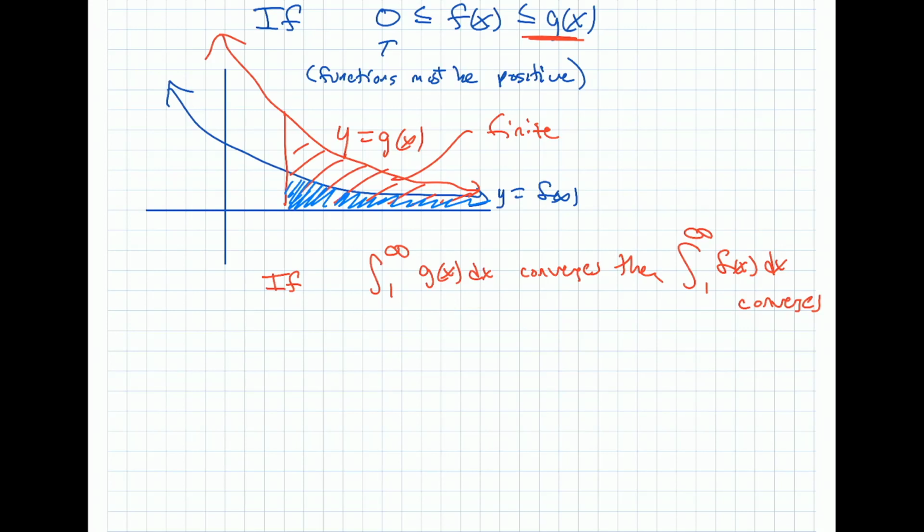So if the big function converges, then the small function converges.